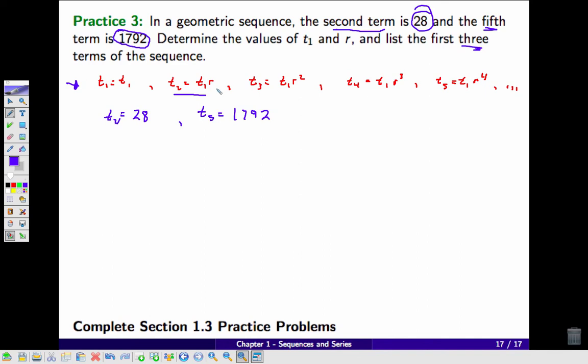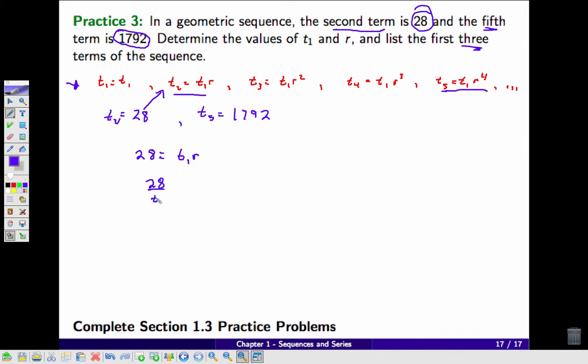So we know that T2 is equal to T1 times R, and we know that T5 is equal to T1 times R to the 4, right? Because the exponent of R is always 1 less than n. So we can actually solve this. Check this out. If you substitute 28 in for T2, that should give you that, right?